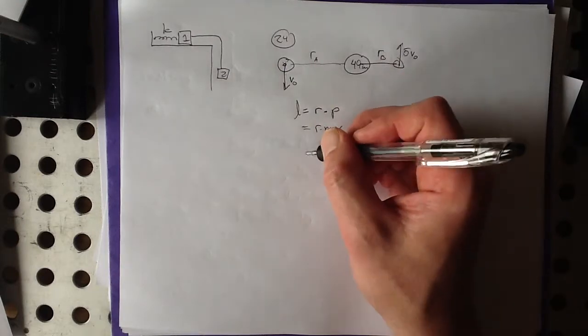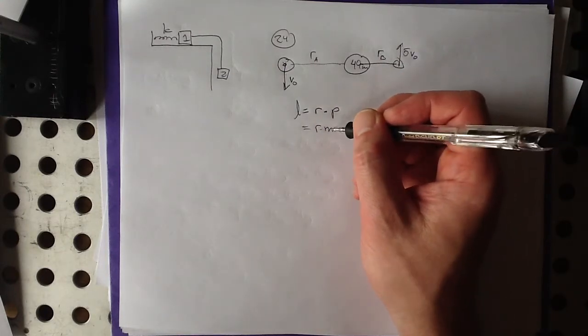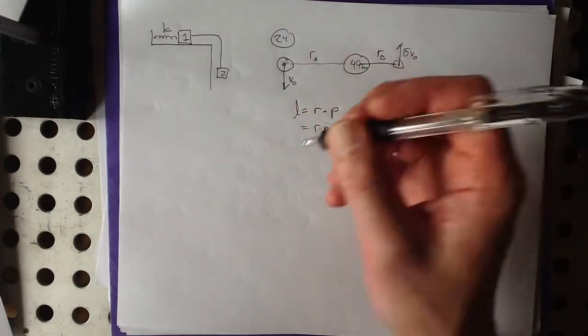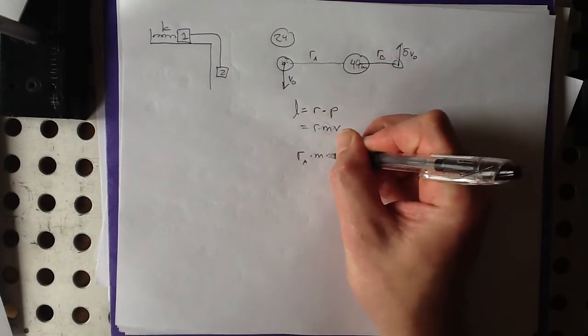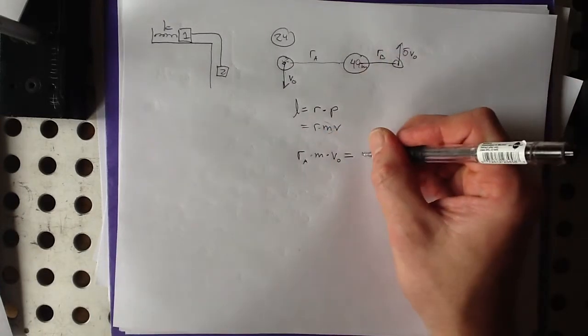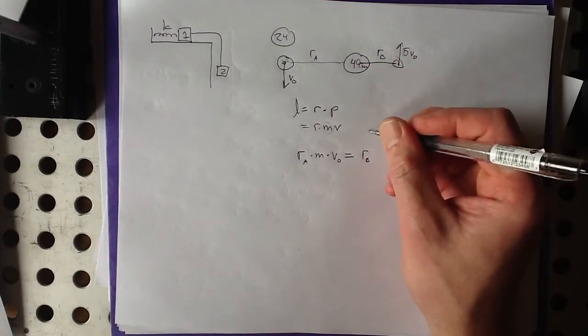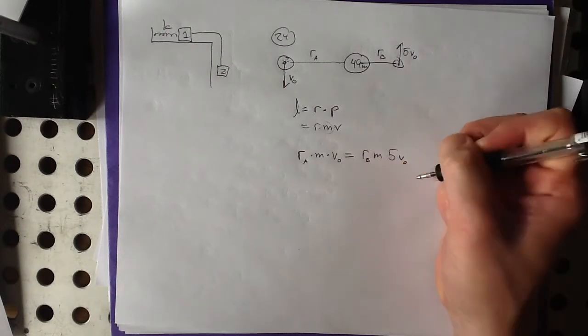Here, the mass is the same, right? I'll include it in there anyway. So I get R sub A times m times v sub 0 equals, and then over here I have R sub B, which is what we're trying to find, times m times 5v sub 0.